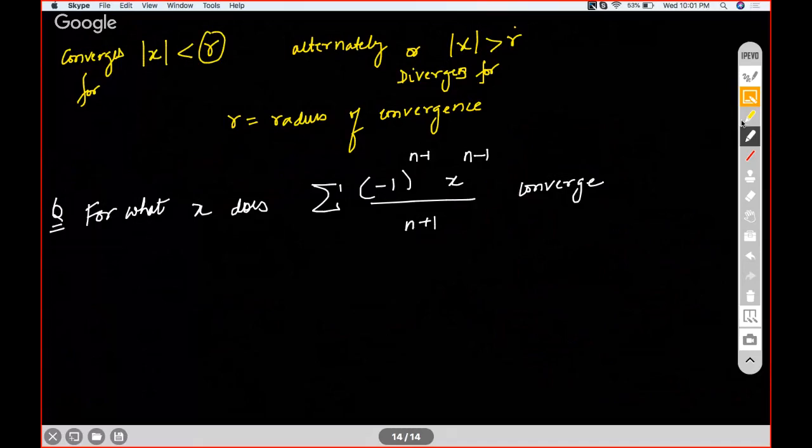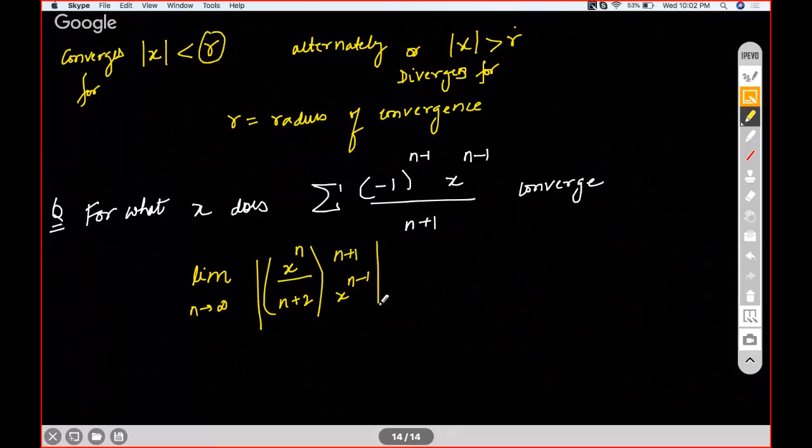Again, ratio test. So limit n tending to infinity of mod a_(n+1) by a_n. That's going to be x to the power n by n plus 2 divided by x to the power n minus 1 into n plus 1, correct? So this becomes limit n tending to infinity, and you can take n plus 1 by n plus 2 and take mod x.